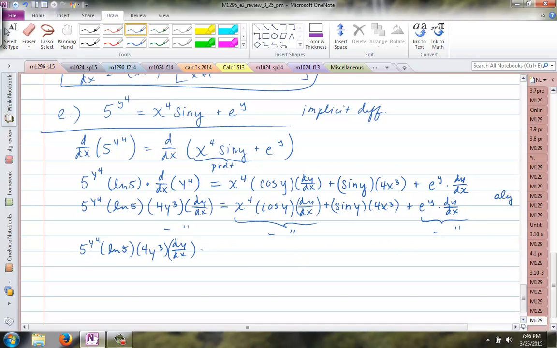And then we're going to subtract x to the 4th cosine y. You're not going to have one on the test that's nasty, by the way. I wouldn't do this nasty algebra to you on the test, but it's good practice. e to the y times dy over dx, and that equals sine y times 4x cubed.